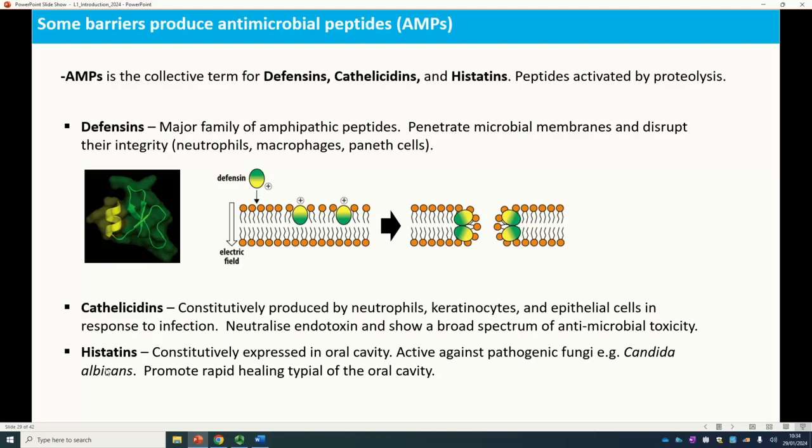And that's actually down to the role of histatins. So they promote this rapid healing and repair of the oral cavity. But they're also really good at fighting pathogenic fungi, so Candida albicans as an example there. So they're really key players as well in the chemical barrier.